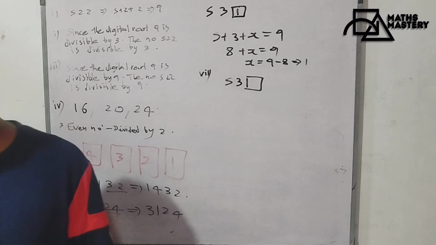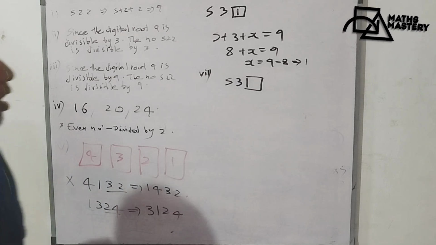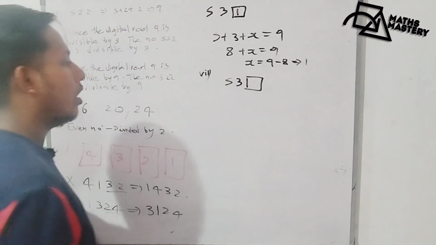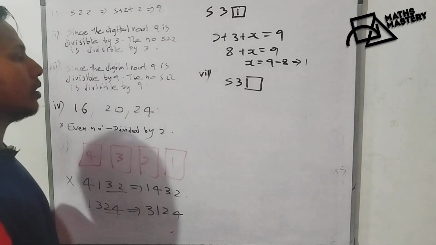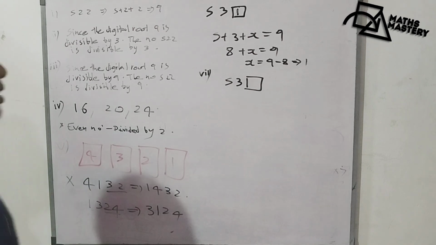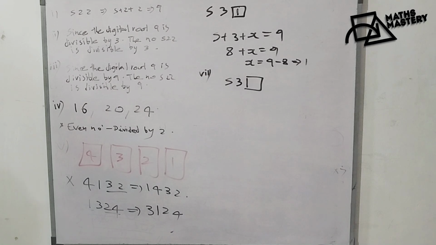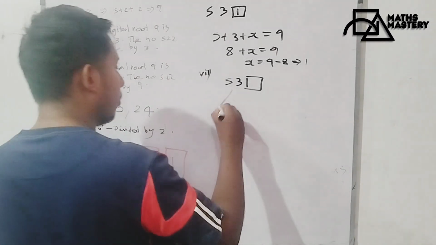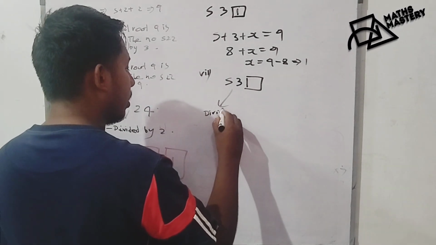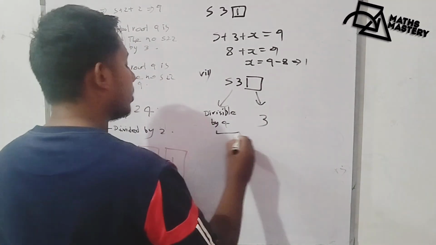Now students, there is a theory part in the digital root lesson to make sure whether the number is divisible by 6. The number that you are getting here should be divisible by 4, as well as it should be divisible by 3. Then you can tell that it's divisible by 6.